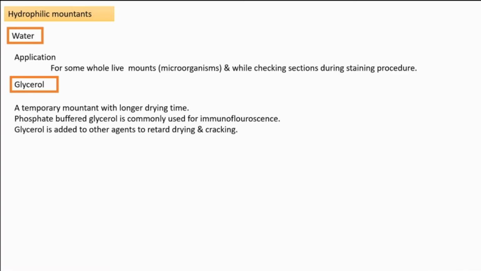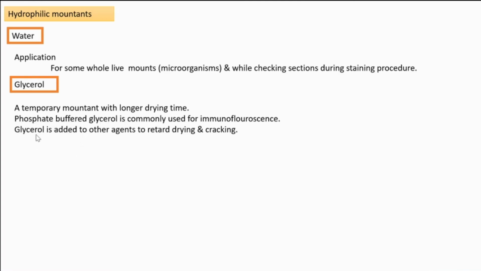So if a fluorescently labeled antibody is applied to some tissues, then that antibody can precisely go and bind with the corresponding antigen, and we can locate the position of that antigen. In such types of research, glycerol is used for mounting. That glycerol is called phosphate buffered glycerol.